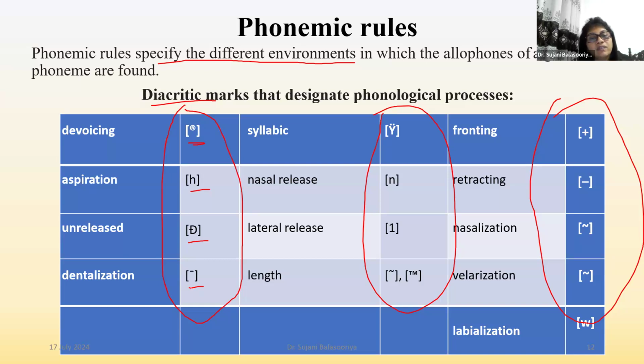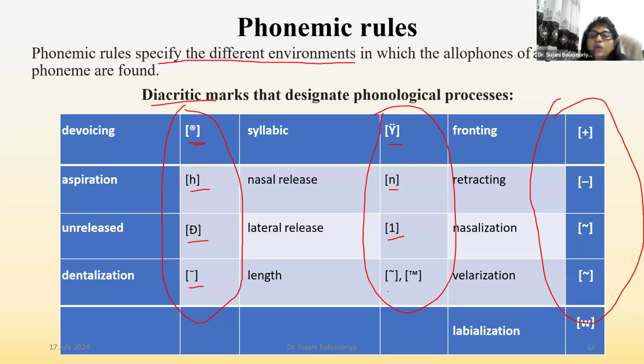If we make a particular sound dentalized, then this is the diacritic mark we use in writing that phonemic rule. And syllabic, this is the diacritic mark. For nasal release, you can use this one. And lateral release, this is not number one, this should be the l sound.